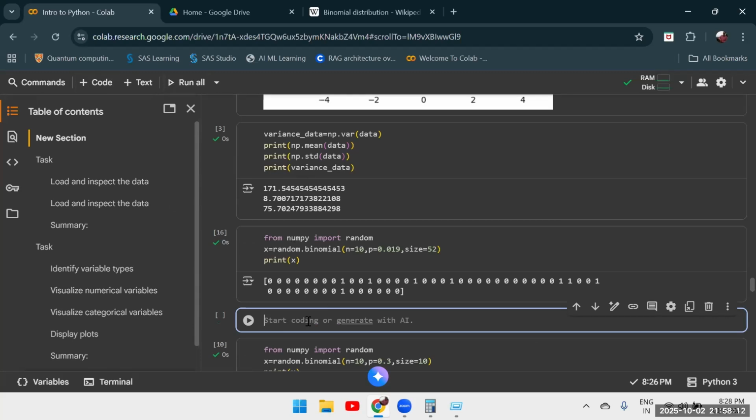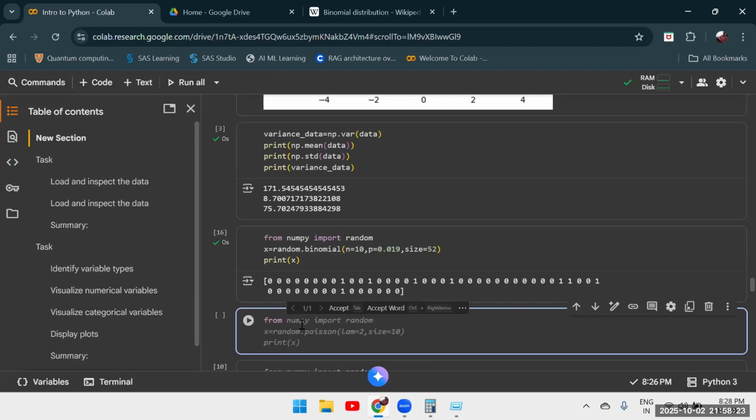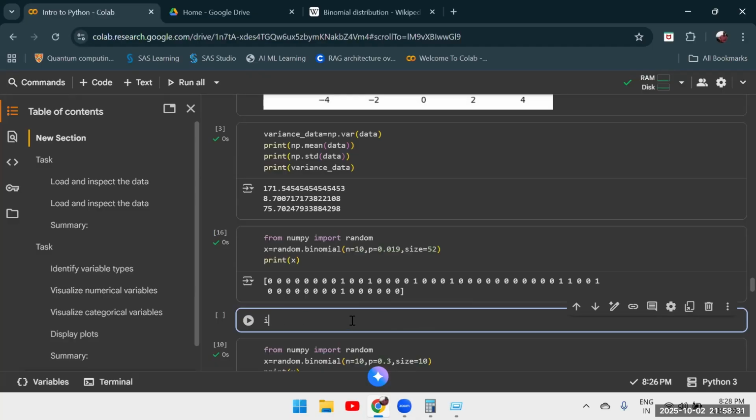Before going on with the comparison, I'll visually show you this also, so that you have an idea of how the normal and binomial distributions come about. I have already imported random, so I'm not going to do this again.